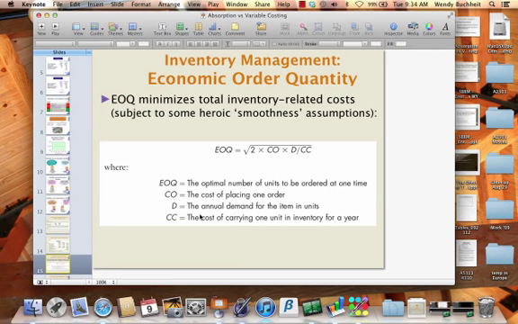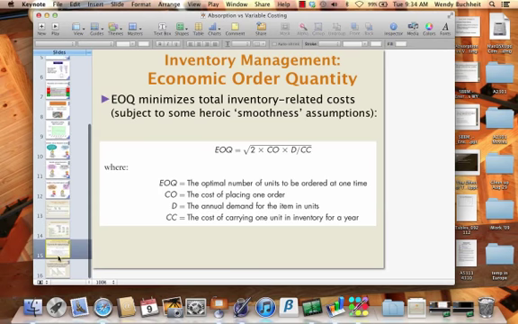We get equations like this economic order quantity. Basically, all it does is help you think about balancing two different things. One, the cost of placing an order, and two, the carrying cost of inventory. We'll look at some example problems with economic order quantity during class on Thursday. It's a technique to choose the right quantity of inventory to order.